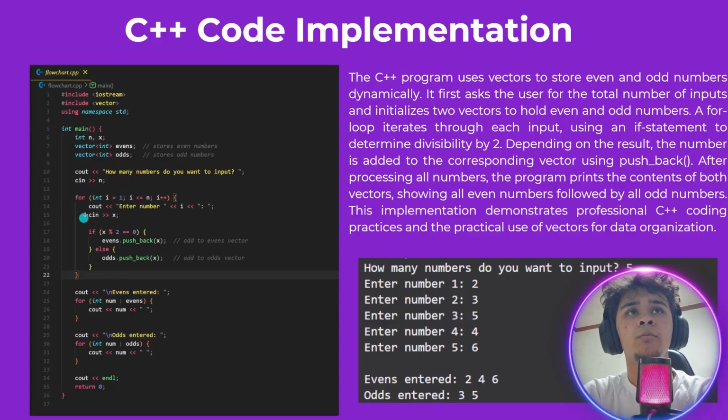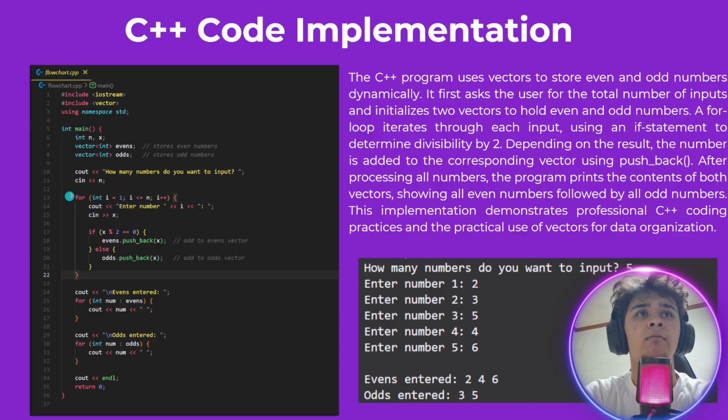So this is the loop part. The loop iteration works with i, the step of the loop equal to 1. It works until i reaches the number we entered, and i plus plus.